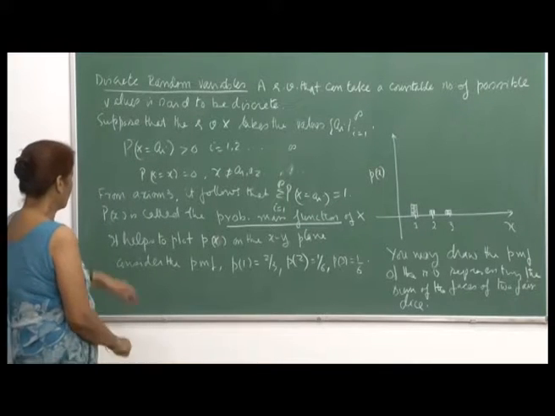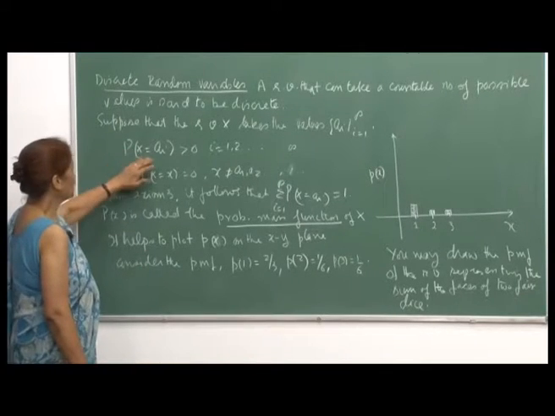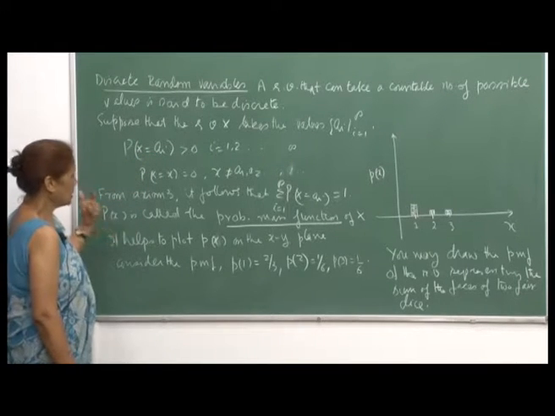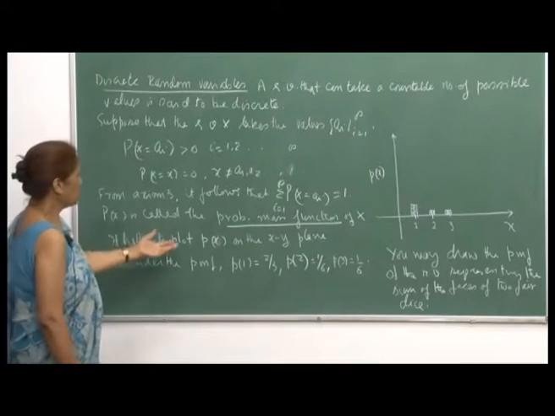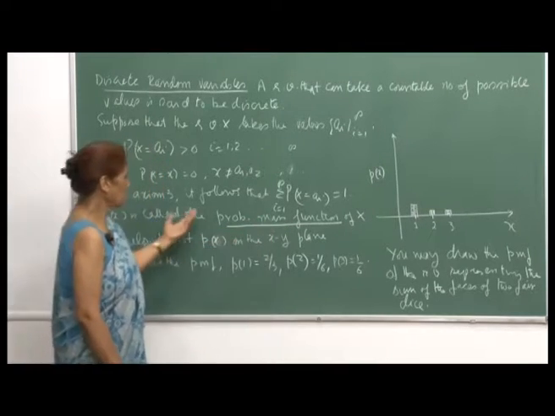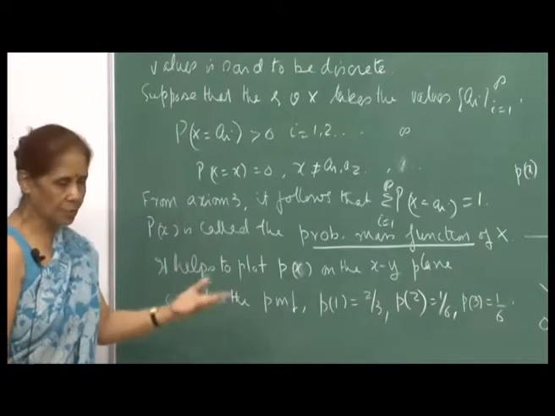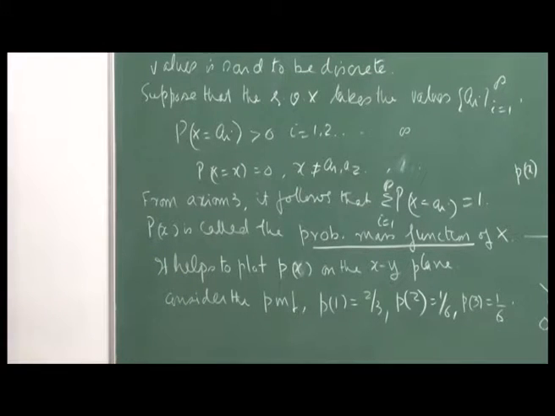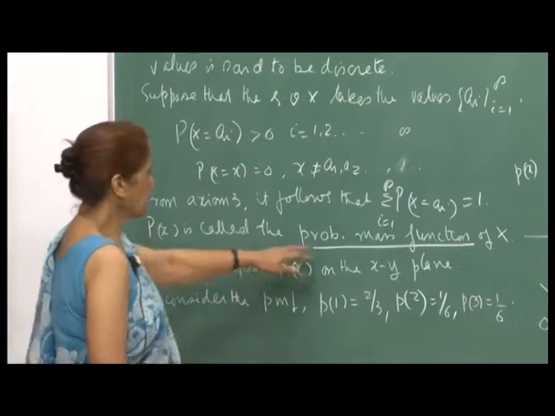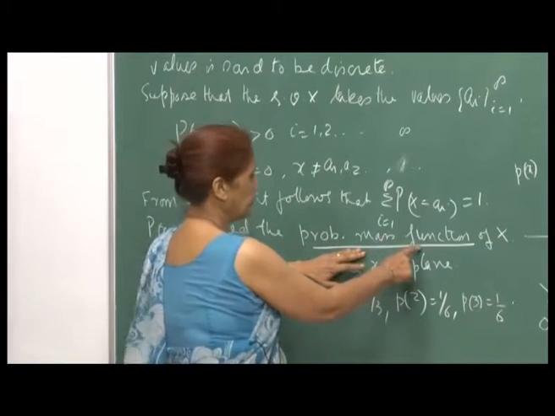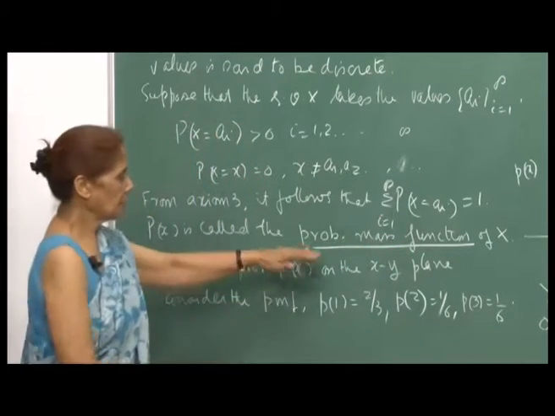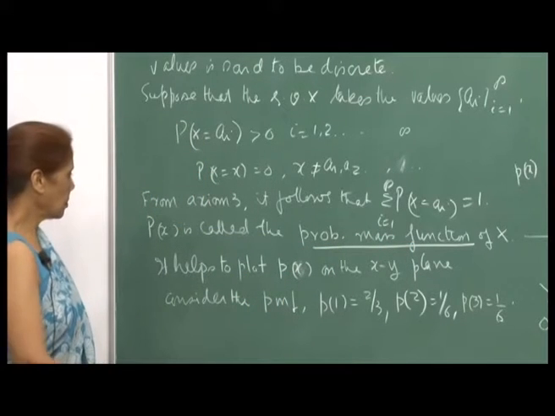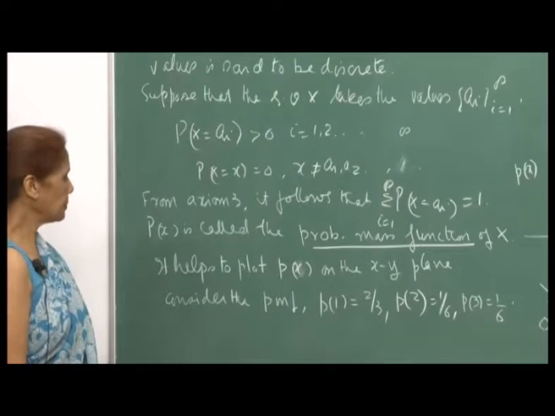This function, which assigns probabilities to the different values of a discrete random variable, is called the probability mass function, and any probability function must satisfy the 3 axioms. In short, we also write PMF for probability mass function, since you cannot keep writing all these letters.